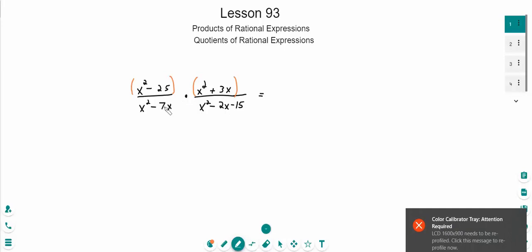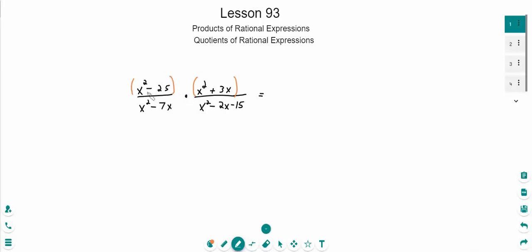And if you do that, you're going to have to use FOIL, right? Because these are sums. So you'd have to take the x squared times the x squared and go through that whole FOIL process. In the denominator, it's even more tricky because we have a sum here, and then we have a trinomial here. So we have a binomial being multiplied by a trinomial, which really gets messy.